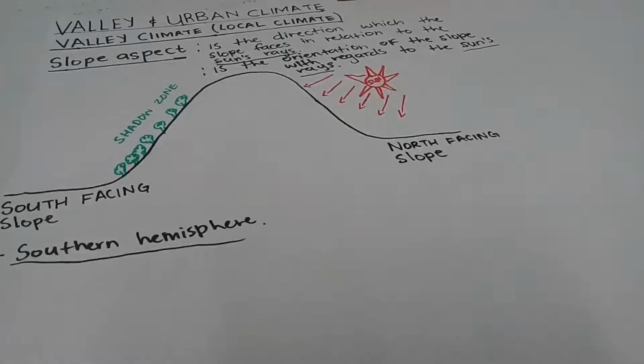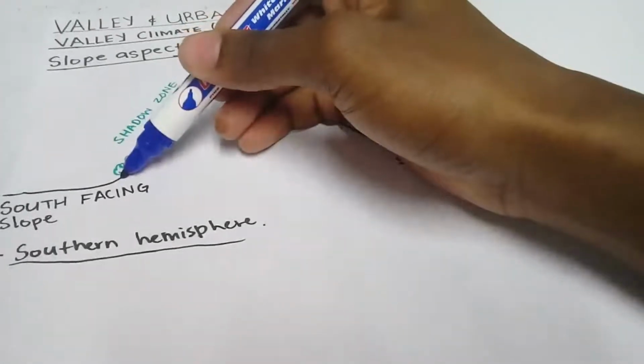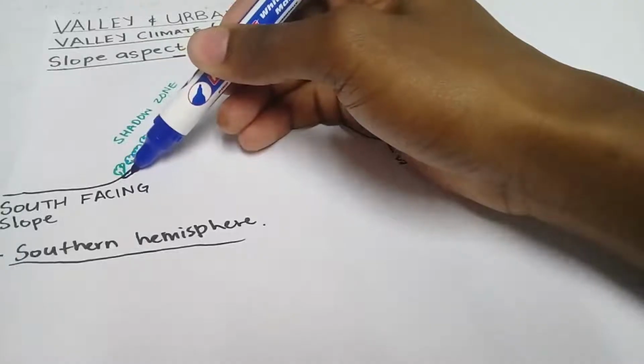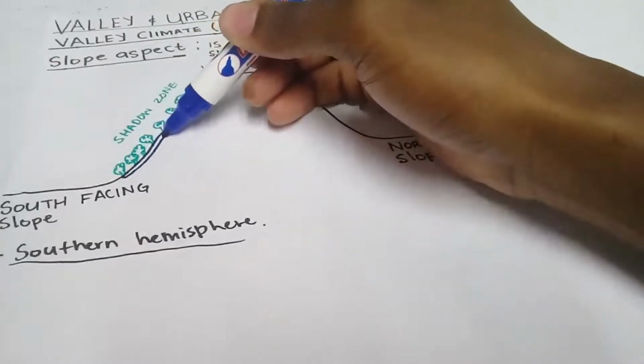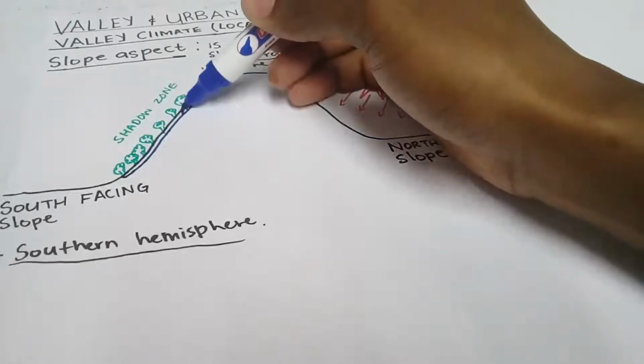So as I was saying, in this south-facing slope, there will be high moisture content because there's less evaporation taking place here.